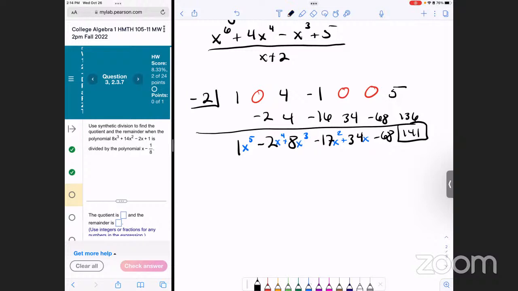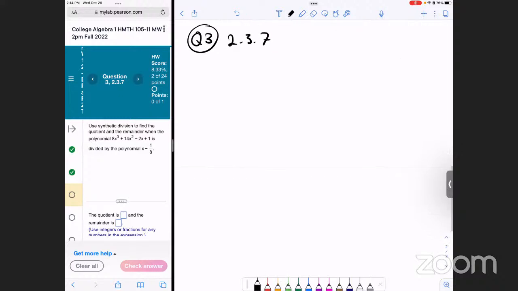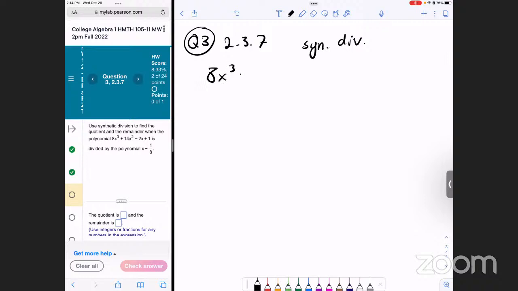This is question 3. This comes from section 2.3, question number 7 from the back of the text. Let's drop down here. I'm just going to abbreviate it by synthetic division. We have 8x cubed plus 14x squared minus 2x plus 1.